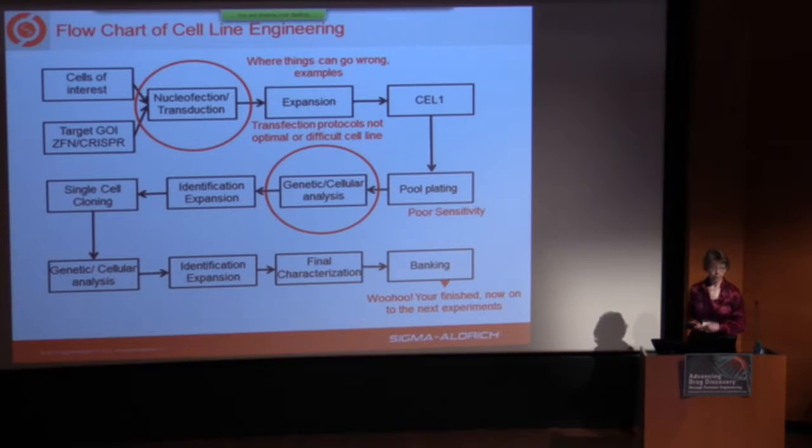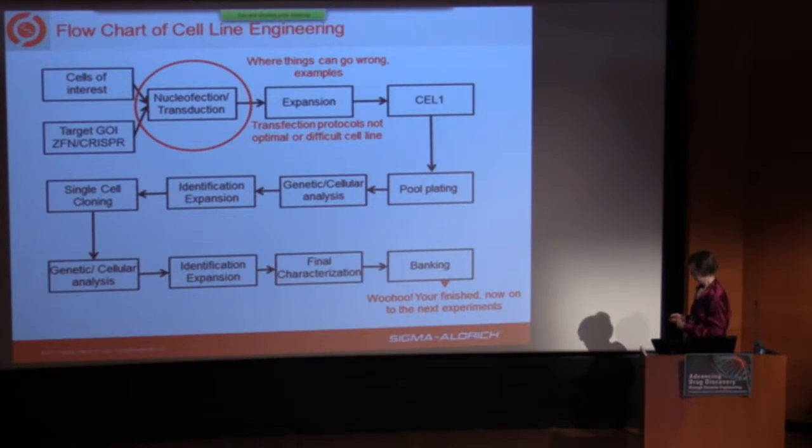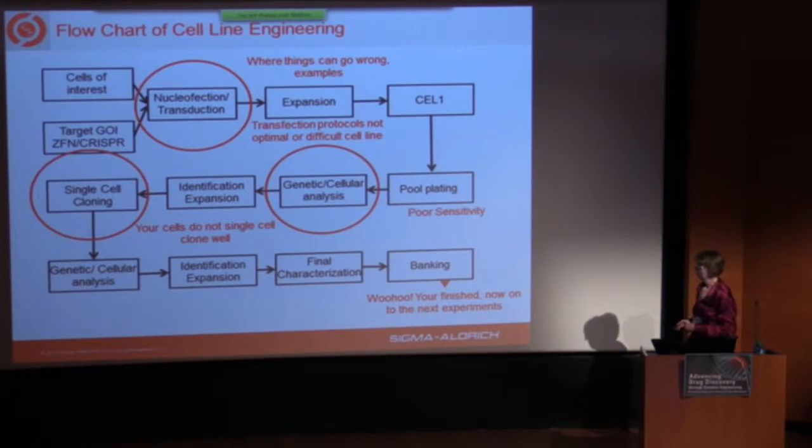And if you decide that you need to start with pools, you'll need a genetic analysis to find the mutation of interest, and you may find that that method isn't sensitive enough to detect it in the pools. So hopefully you'll get that far, and then you'll get to single cell cloning.